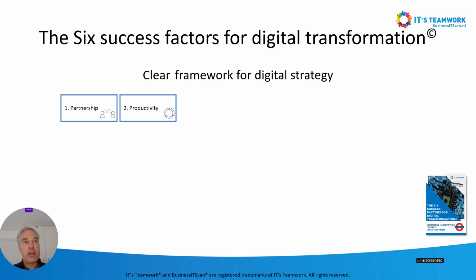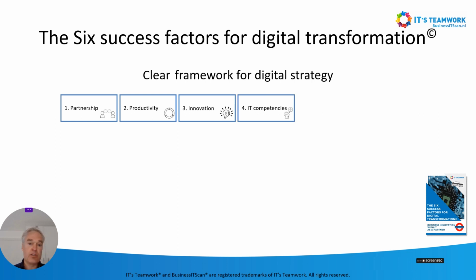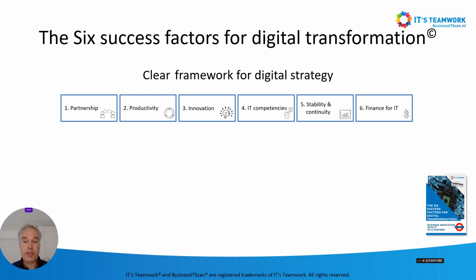If proper processes and proper data quality are in place, we can say that productivity can be facilitated also by innovation. So there's a correlation between these success factors. To deliver the first 3 success factors, proper digital and IT competencies are needed in an organization. And of course, the IT landscape, the digital landscape should be stable to ensure organizational continuity.